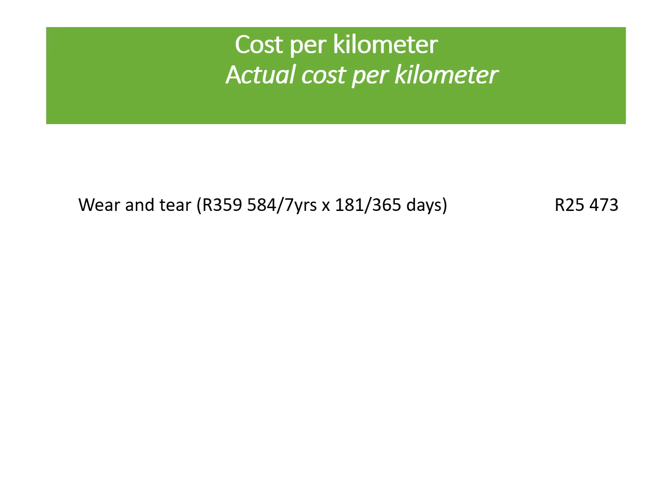Right, so we start off with the wear and tear. So we know the cost of this vehicle is 359,584 Rand, including VAT. Now the total cost of a motor vehicle is limited to 665,000 Rand. If the vehicle costs more than that, say for instance 700,000 Rand, the calculation of wear and tear will be based on 665,000 Rand and not 700,000 Rand, because that's the limit.